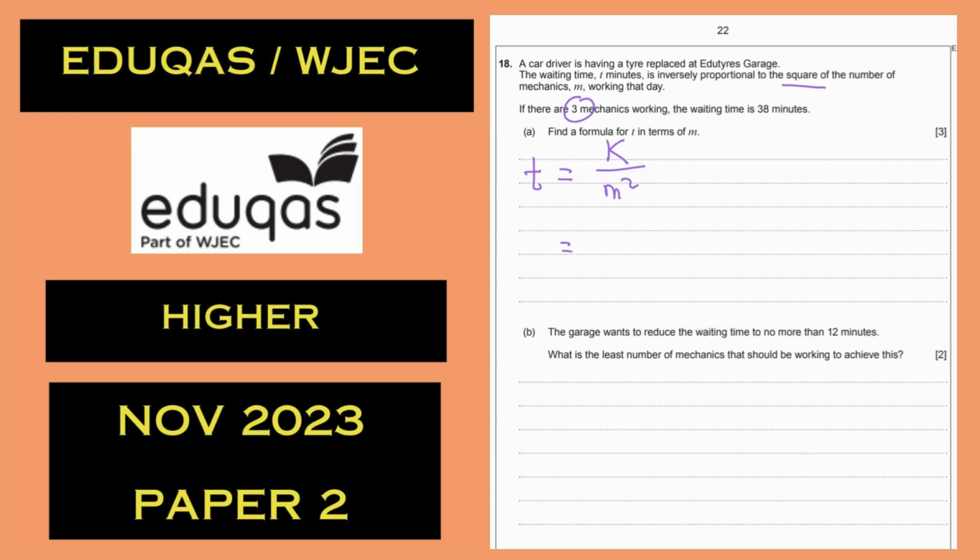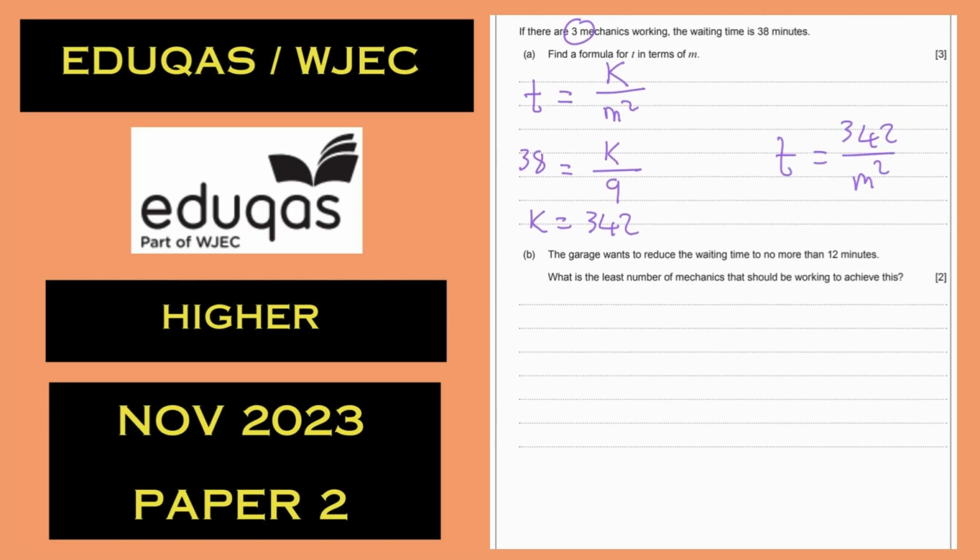Mechanics is 3, so I'm going to square it. The waiting time is 38. I can now find K. K is 9 lots of 38, 342, and we have our formula, except I've forgotten to replace K with 342. There we go. Looks better now.